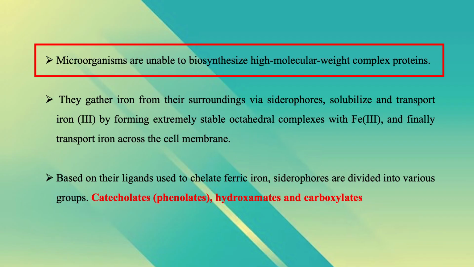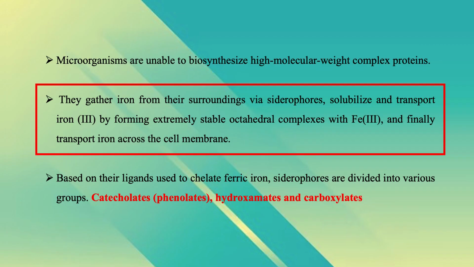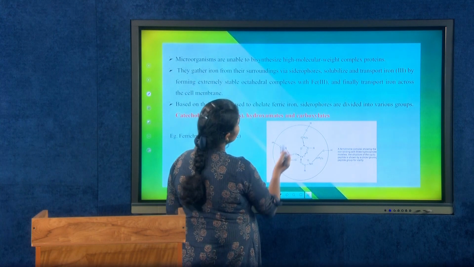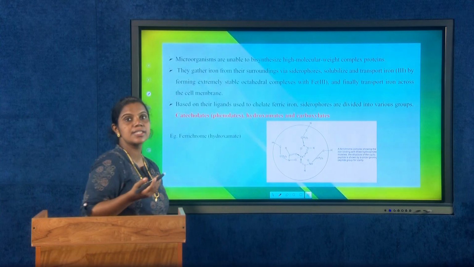Actually, the microorganisms are unable to biosynthesize high molecular weight complex proteins. So, what do they do? They gather iron from the surroundings via siderophores, solubilize and transport iron 3 plus by forming extremely stable octahedral complexes with iron 3 plus, and finally transport it across the membrane.